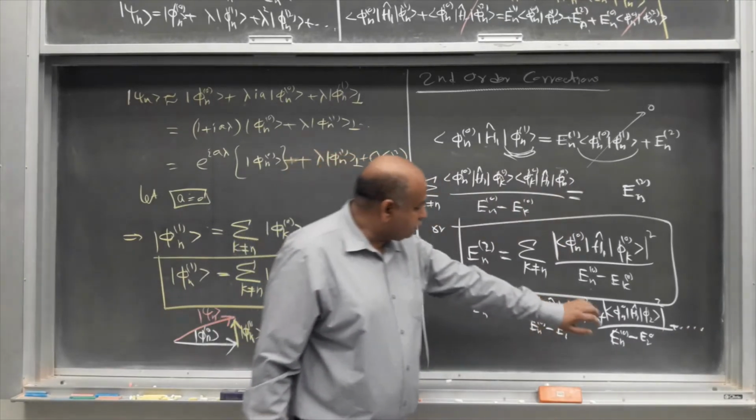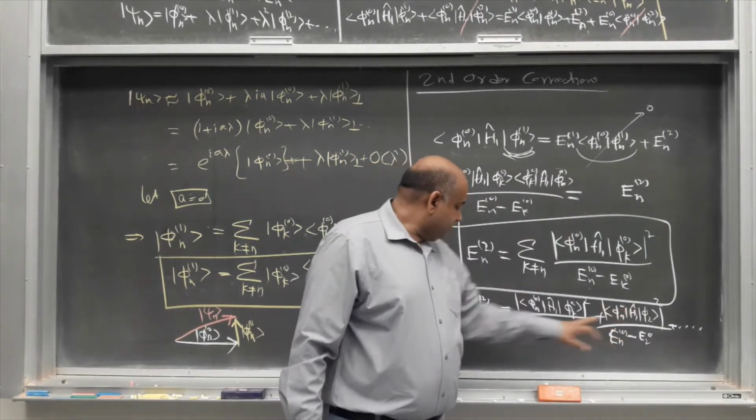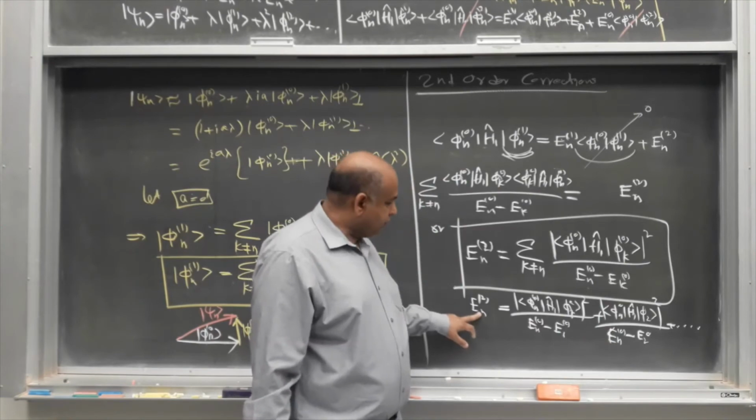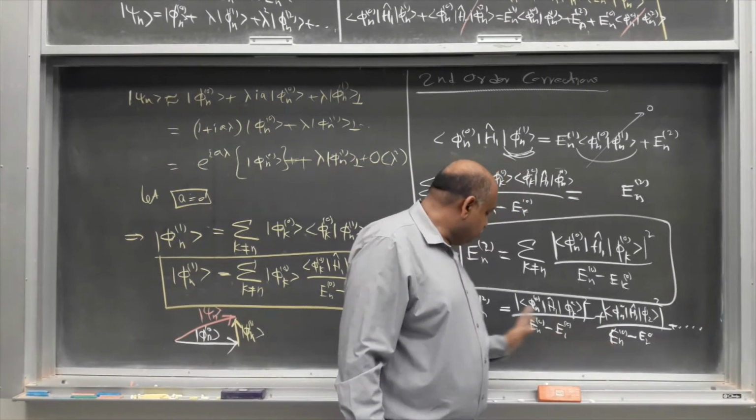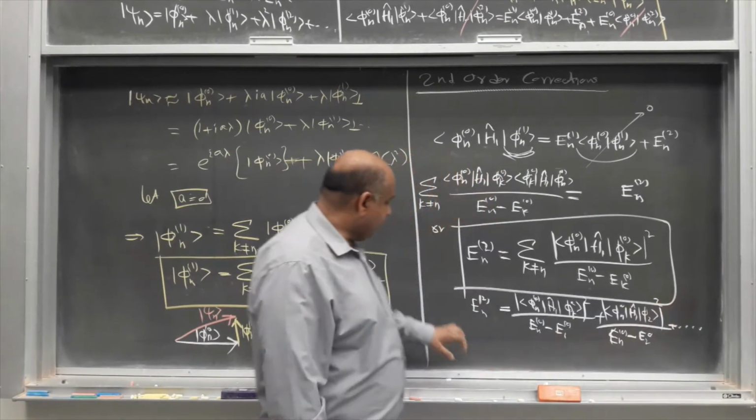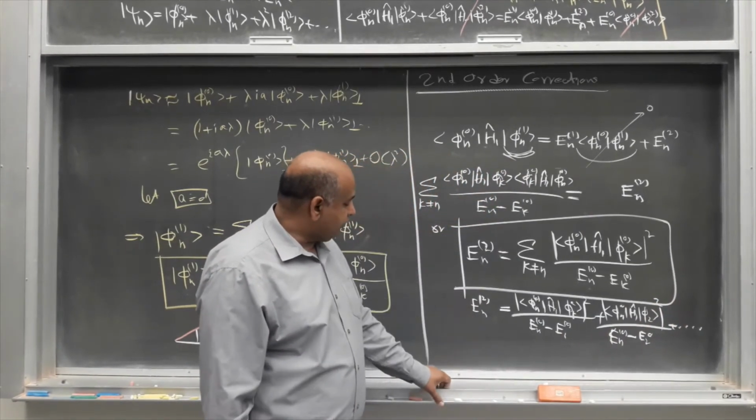Except that you have to exclude the term where whatever n you have chosen, the two indices are the same. So you sum over all of these terms to get the second order correction to the energy.